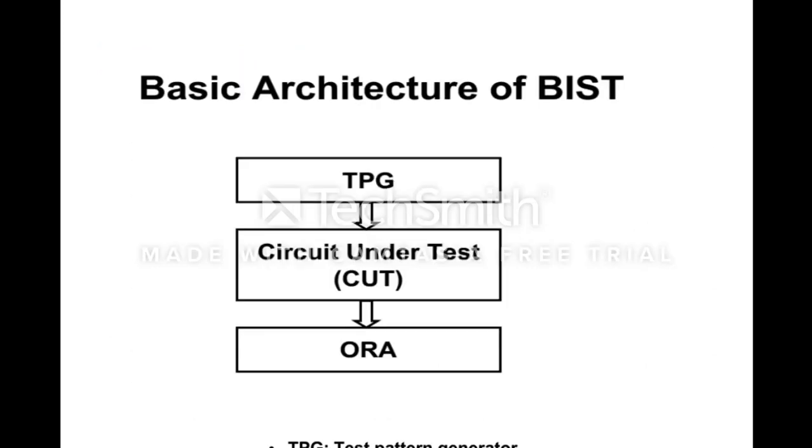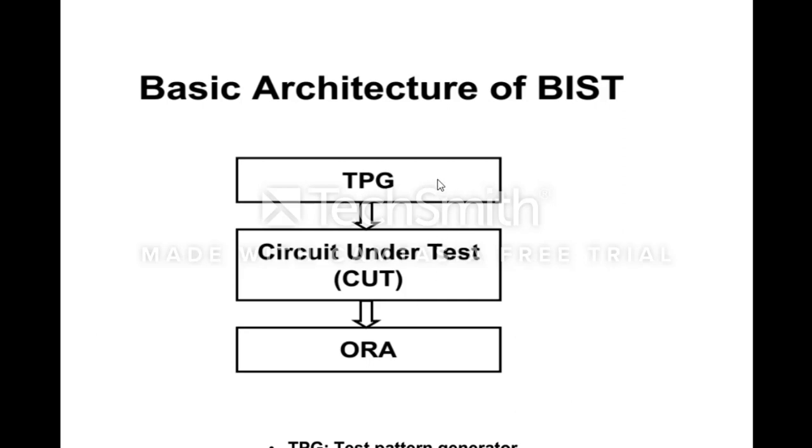The architecture of BIST is: a test pattern generator feeds the circuit under test, and the output goes to the output response analyzer. This is the generic diagram for BIST, in which the circuit under test is to be tested.